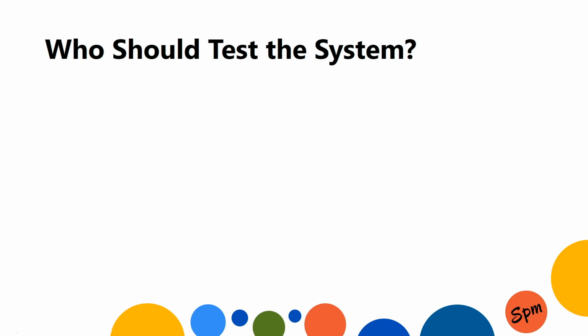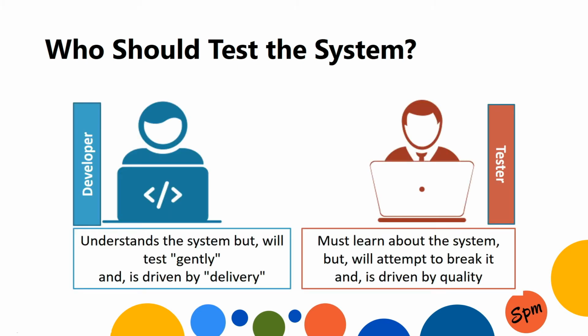Now let's talk about who should test the software or system. Mainly two people can test the software: first is the developer and second is the tester. If the developer tests the software, it is a general tendency that he will not check hard enough to find errors, as generally no one wants to find many errors in the software which he has written.